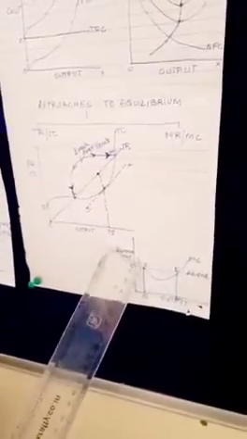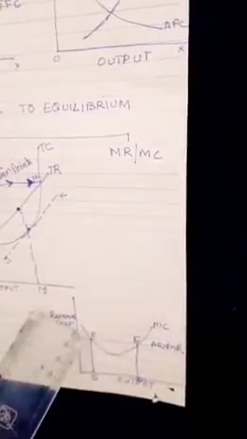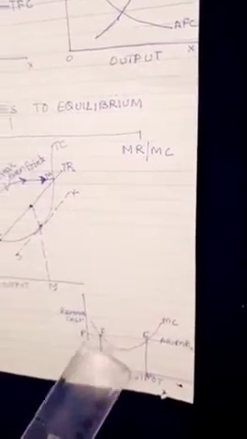Here we see that MC is falling, and here again MR is greater than MC. Therefore the firm will expand and increase the output. So F is not the equilibrium point.